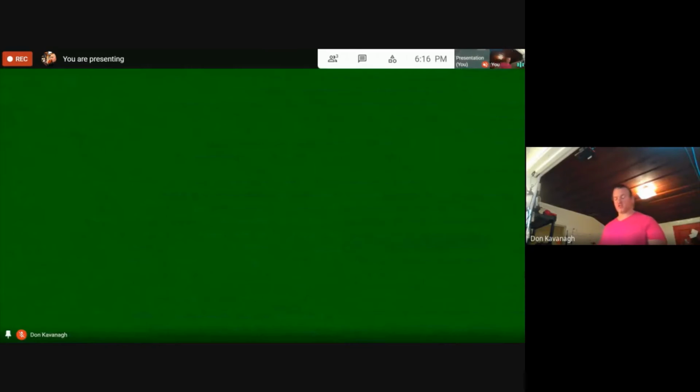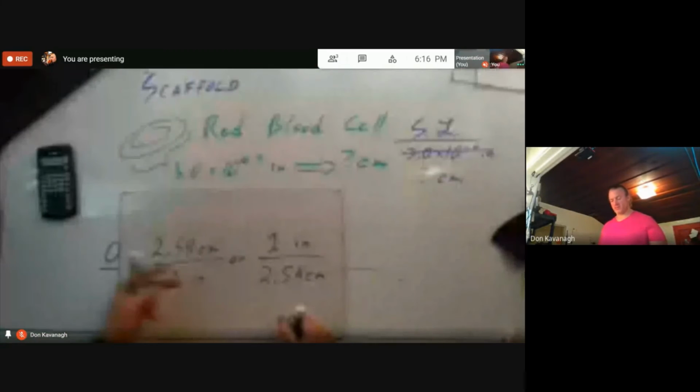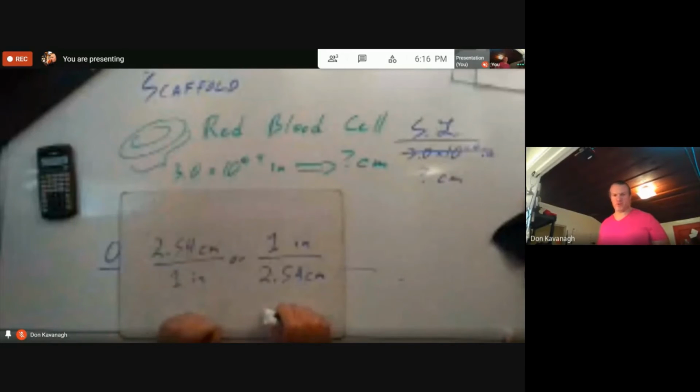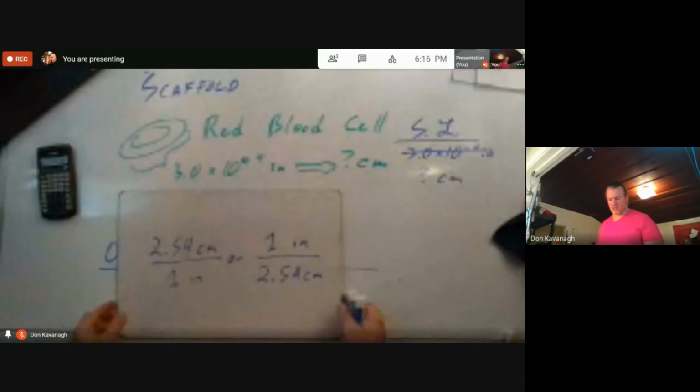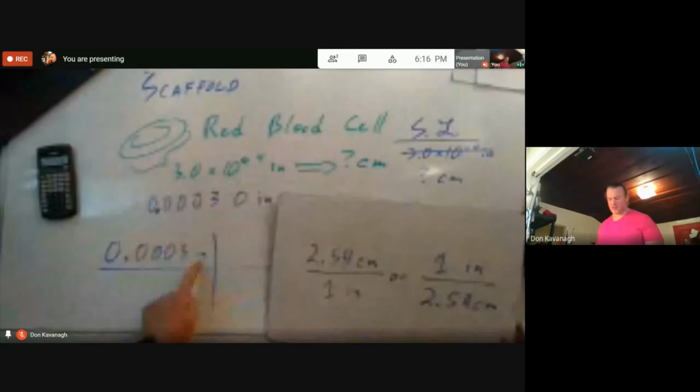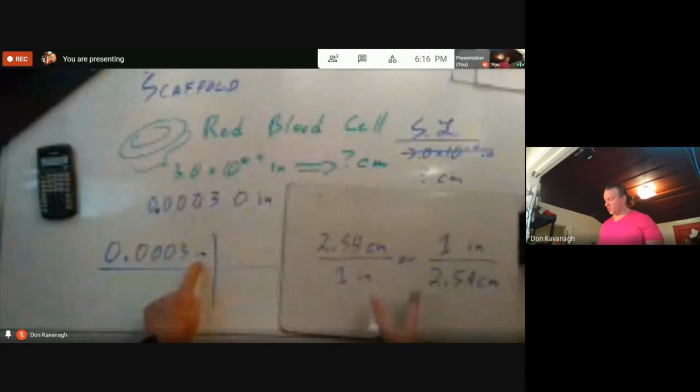And I just wrote these as reciprocals. They are just flipped. One of these is going to go perfectly into my scaffold, and the other one is just not going to be used right now. I have inches on top here, so I need to pick the one that's going to have inches on the bottom, in the denominator, because top cancels out bottom.